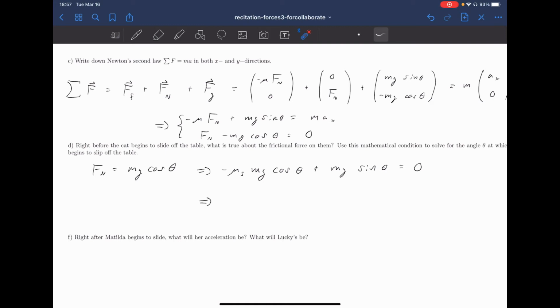We'll just write it like this. We can cancel these out, and then we can erase the 0, adding this term to both sides. We can equate this and make this a minus sign.